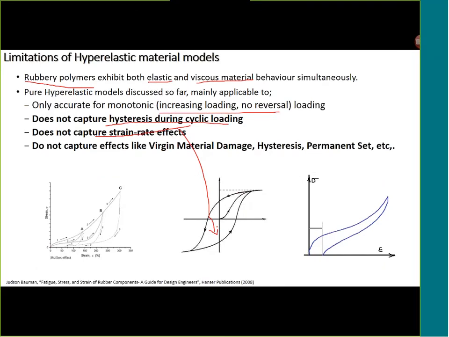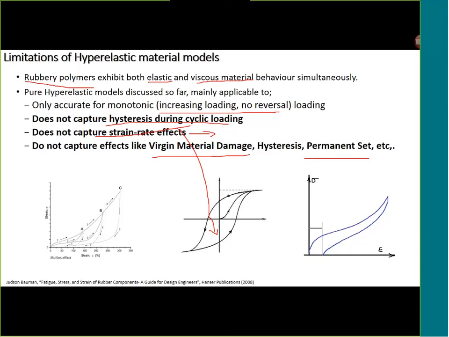Something like, when you load it at 10 mm per second, what is the difference? When you load it at 100 mm per second, what is the difference? When we say strain rate effects, that is time dependent behavior. It also will not capture the virgin material damage and permanent set, which is quite important in sealing kinds of applications.